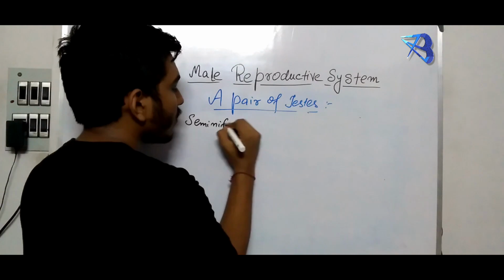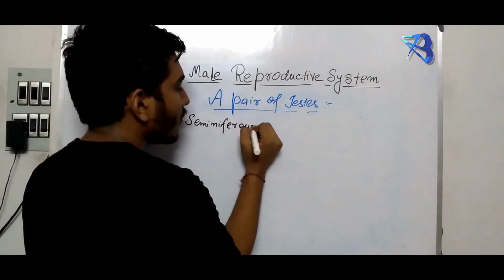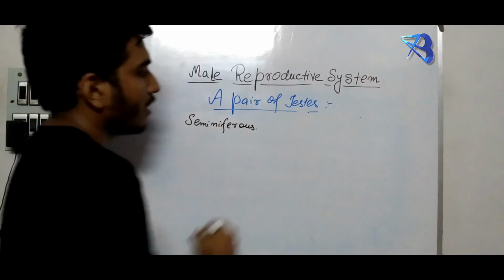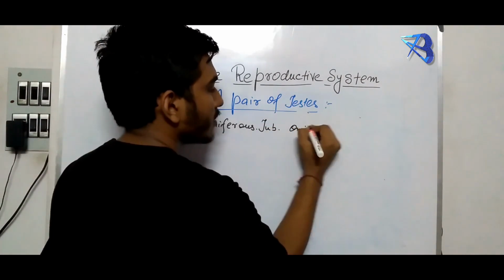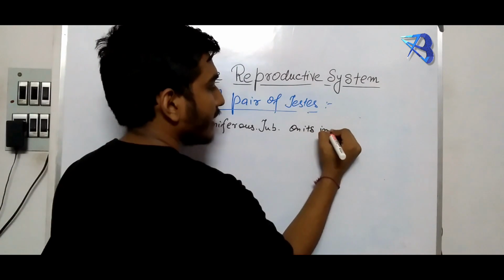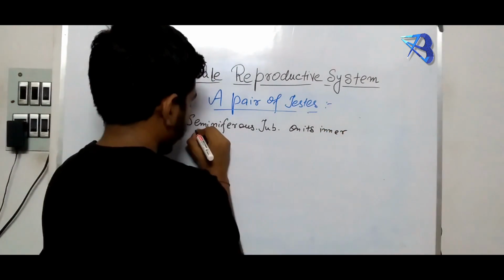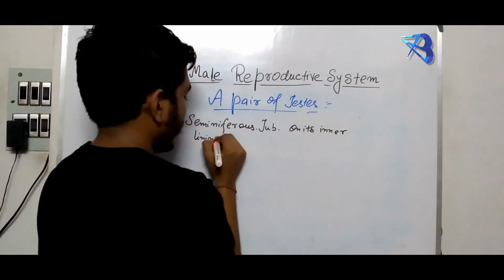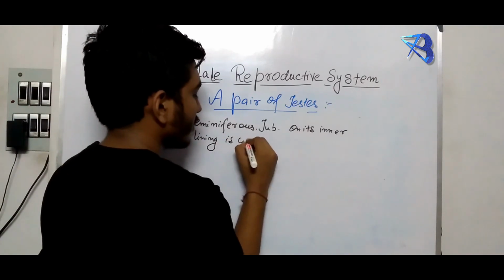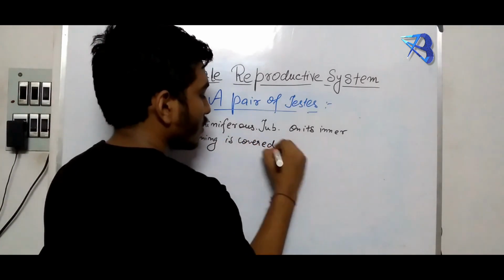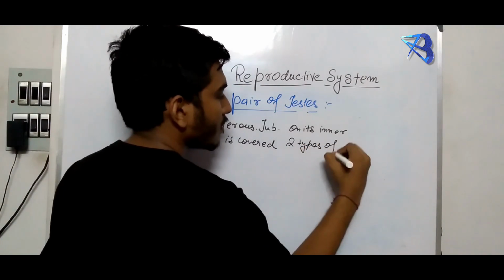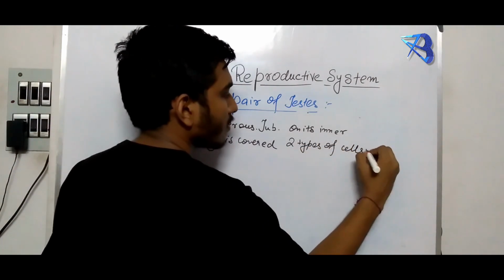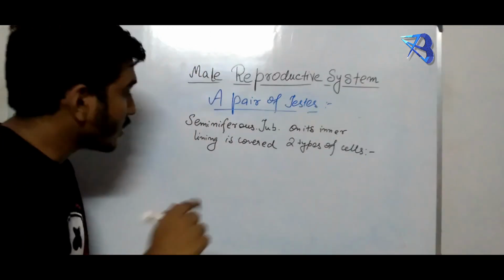Now its inner lining is covered by 2 types of cells. What are these 2 types of cells known as?